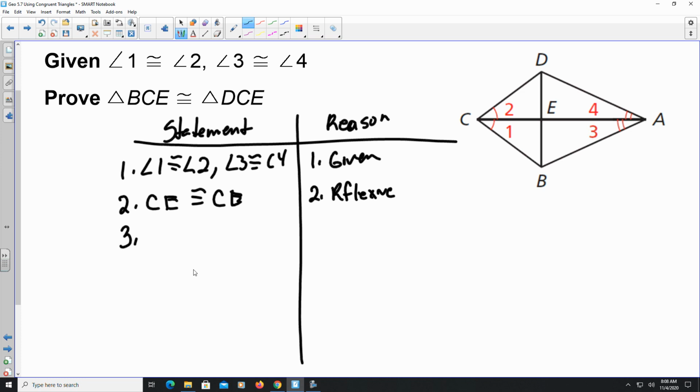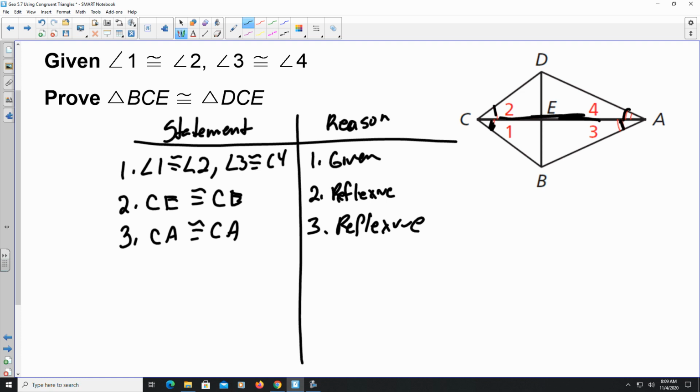So with that being said, for step 3, I can say that CA is congruent to CA because it's reflexive. And now I have an angle, a side, and an angle for both of those sets of triangles.